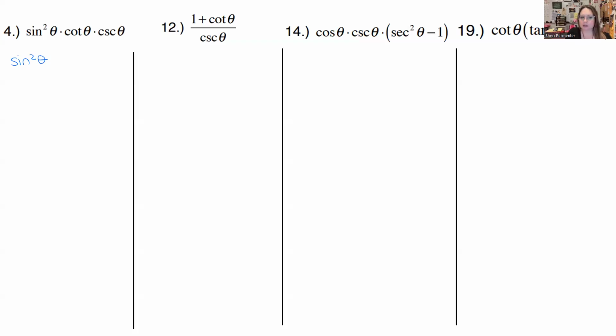Cotangent is cosine over sine. What about cosecant? 1 over sine. All right, from here, do I have some things that can cancel? Yeah, so I have 2 sines up here and I have 2 down here. Take that and I am left with just cosine.